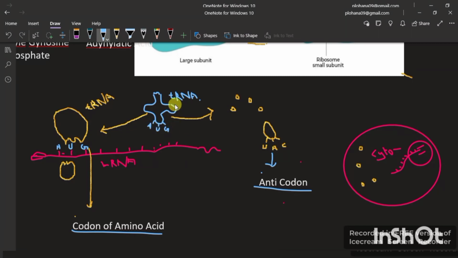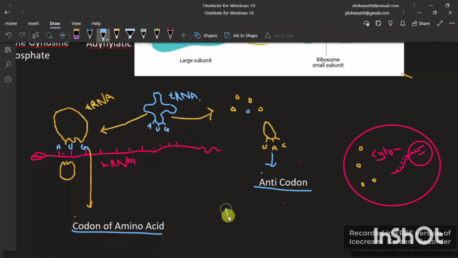Alright, so tRNA will go to this amino acid, it will search it out. We have so many amino acids, alright? It will be interpreting now. Now it will get an amino acid with the anticodon of this, UAC, which is the anticodon of AUG.